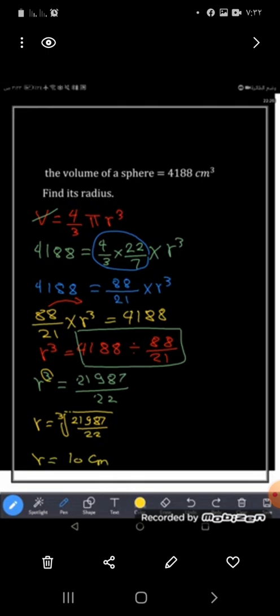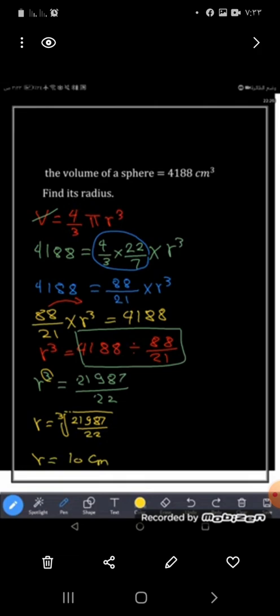4188 equal 4 by 22 equal 88 over 3 by 7 equal 21 by r cube. 88 here is up, put it down in the other side, and 22 is down. We can put 22 by 22 is up for the other side.